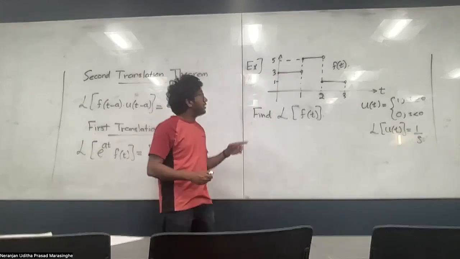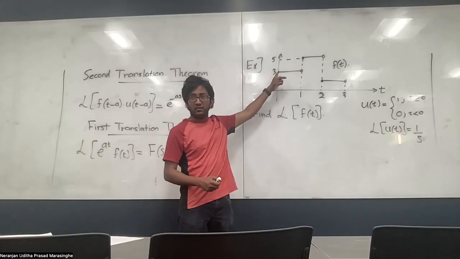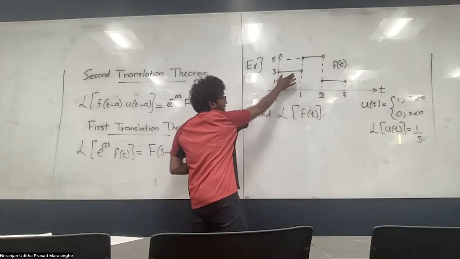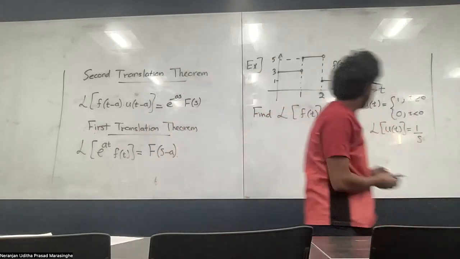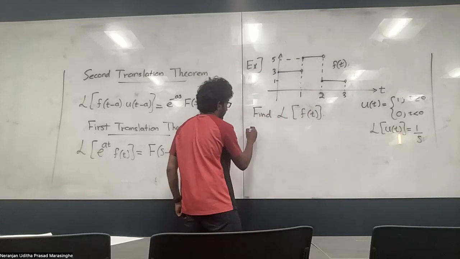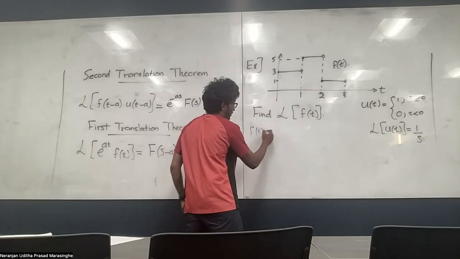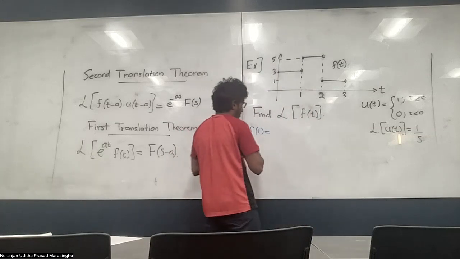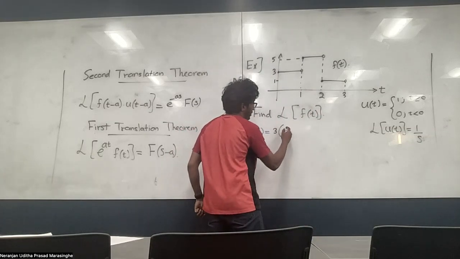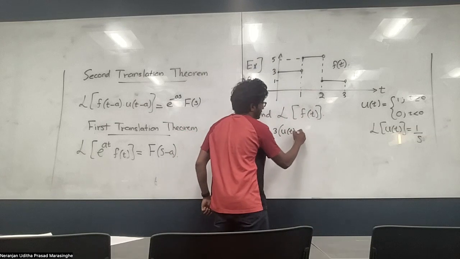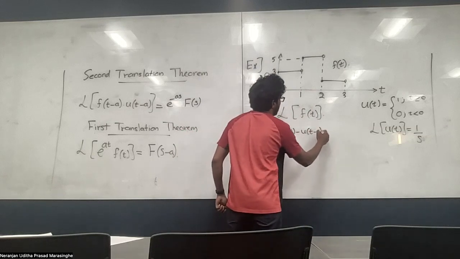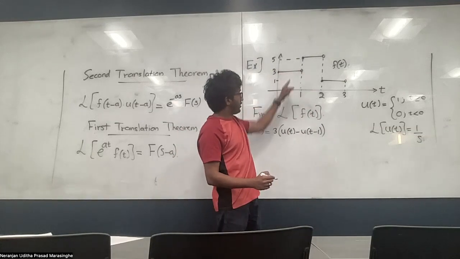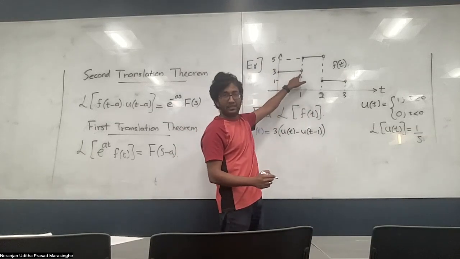So what is 3 times u(t)? That is this line, right? So what is f(t)? f(t) equals 3 times u(t minus 1), because I need only this region. If I multiply 3 by u(t minus 1), I would get this line segment.